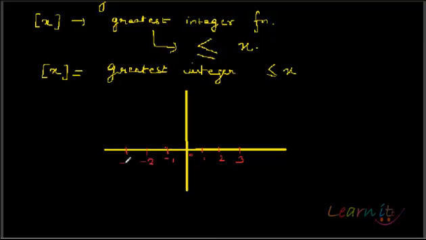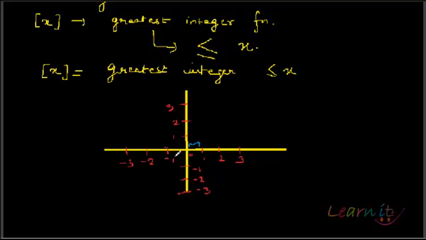I can also make my y-axis, which actually denotes the function f(x), right? So 1, 2, 3. Let's just put all the integer values. So -1, -2, -3. Okay, now between 0 and 1, there will be a lot of numbers, right?